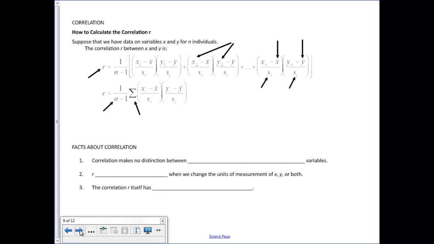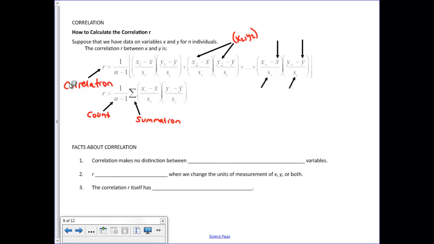Here's my question. Do we know what all these different variables and symbols stand for? What is R? Correlation. What is N? Your number or your count. Yep. How many pieces of data we have, how many individuals. What does this symbol mean? The summation, or sum. We haven't talked about that one a ton in here. What would x2 and y2 be? It's like the second point in our data, your x and your y values.